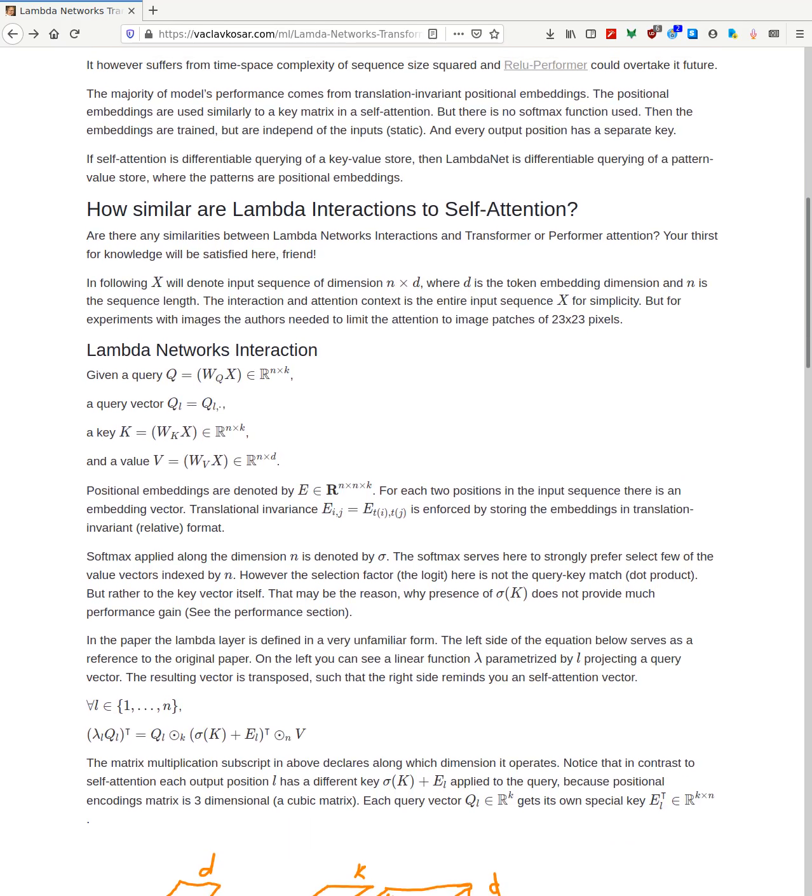These position embeddings, this E matrix, are used sort of as a key matrix in self-attention in a similar way, right? Without the softmax though. These embeddings are also trained, but they are not dependent on the input. Normally the key matrix is linearly dependent on the inputs, but in this case it's not.